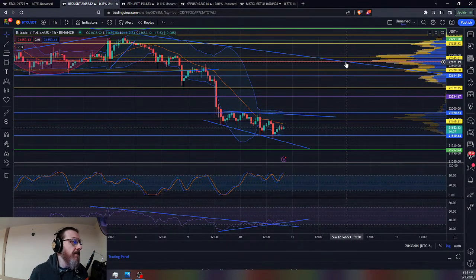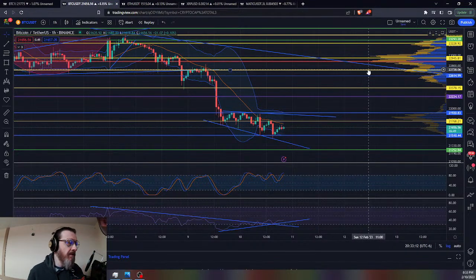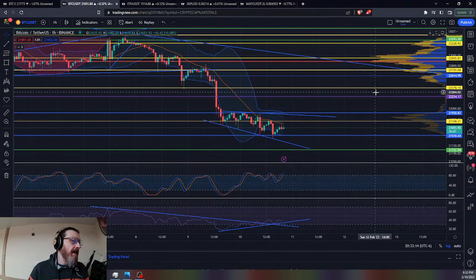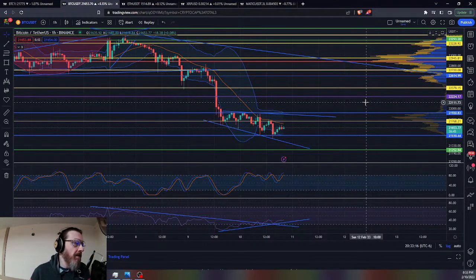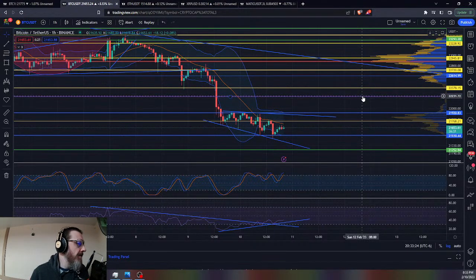We've got the visual range volume profile showing us this point of control here up at 22,886. So before we get too excited, I think we have to negotiate a couple levels first here. 22,224 was a line in the sand that I had drawn, which it did break through on that down move.